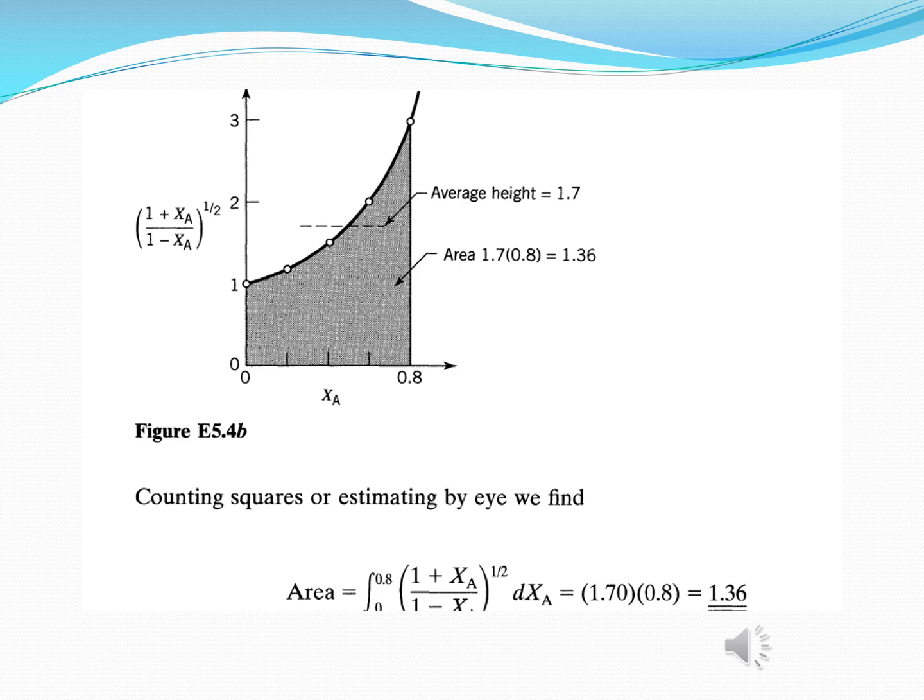The first value was 1, the second was 1.227, the third was 1.58 I think, then 2, and the last value was 3. To calculate the area, we need to multiply the final value of the x-axis, 0.8, by the average height, which you can calculate by taking the average of the 5 points.